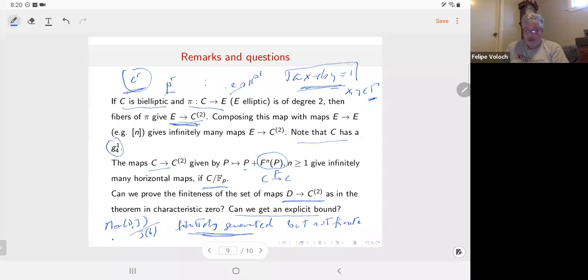So the question of explicit bound here, you can ask in characteristic 0, is there a bound at all? In characteristic 0 we don't have finiteness, so you can ask, is there finiteness? And if we can prove finiteness, can we prove a bound that depends only on the rank r? The r now is the rank of this group here.